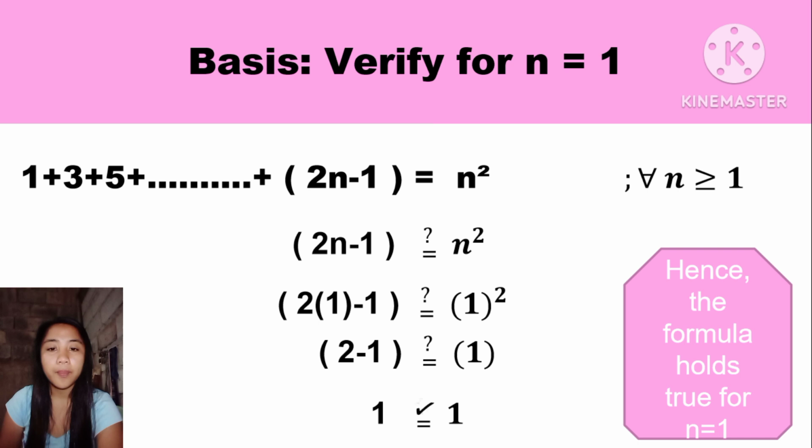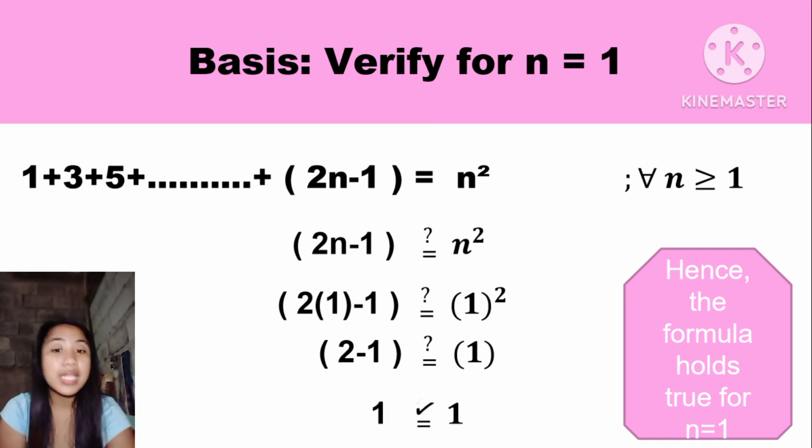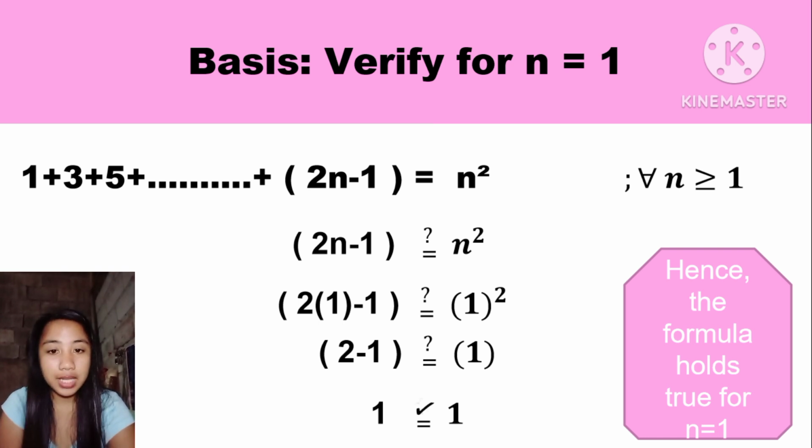By doing so, the equation now will be 1 plus 3 plus 5 plus ellipsis plus the quantity of 2 times 1 minus 1 is equal to 1 squared. By simplifying, we have 1 plus 3 plus 5 plus ellipsis plus 2 minus 1 is equal to 1.